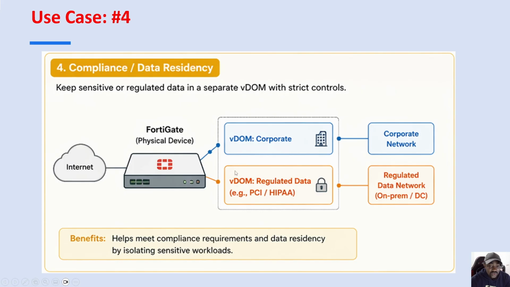You create a new vDOM where you keep regulated and very sensitive data concerning your company. You make sure you just put the data on that other vDOM, so that users working in the corporate network don't have access to the network that is in the other vDOM.